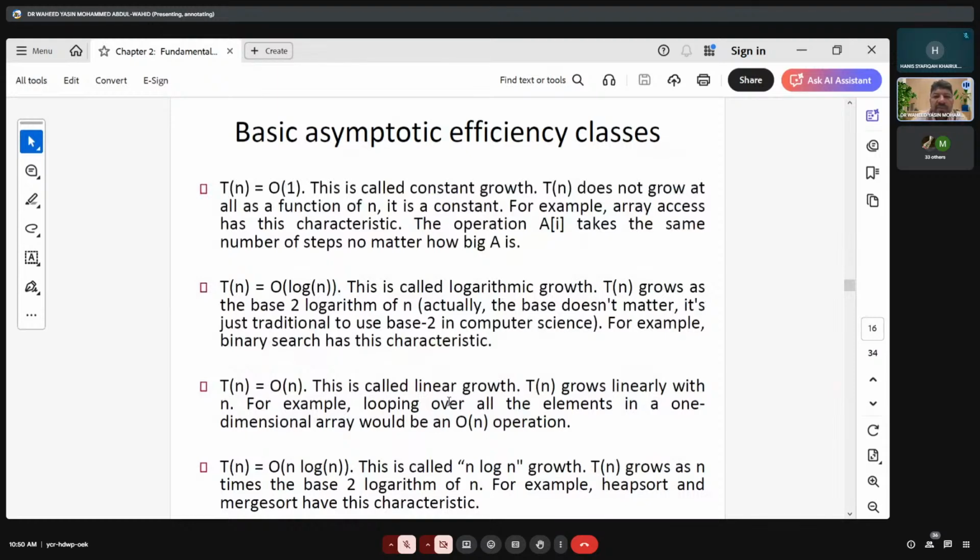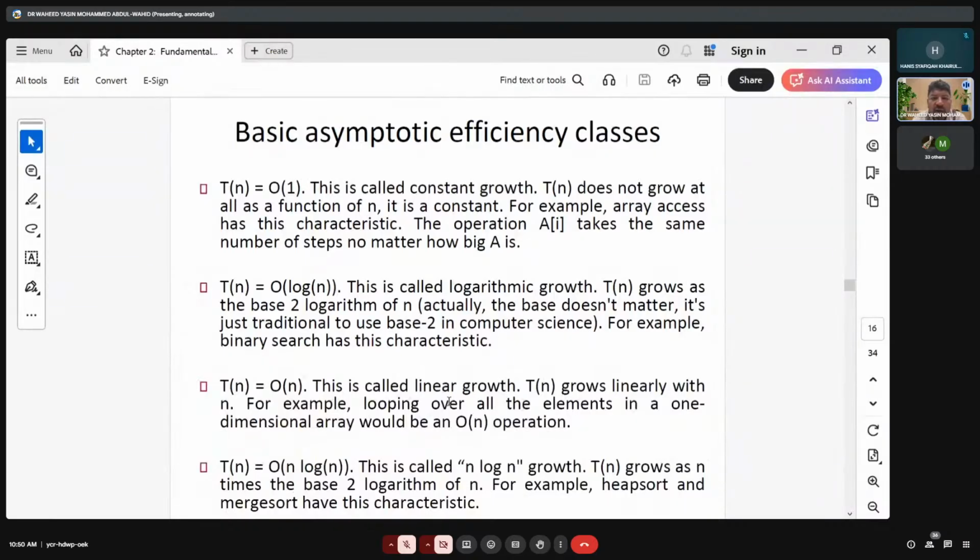T(n) equals O(1) is called constant growth. T(n) does not grow at all as a function of n. It is a constant. For example, array access has this characteristic. The operation A[i] takes the same number of steps no matter how big A is.